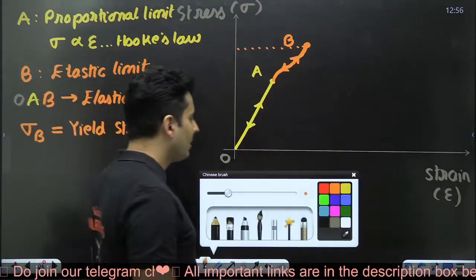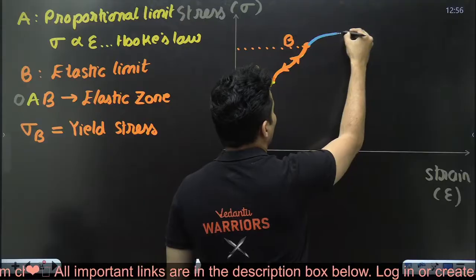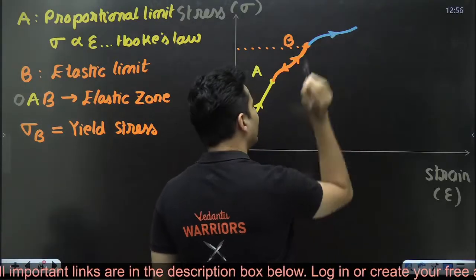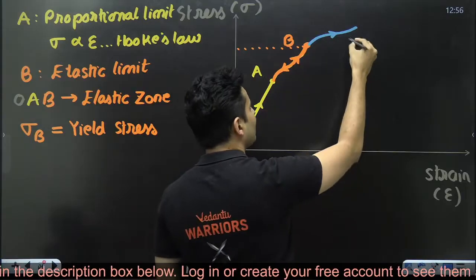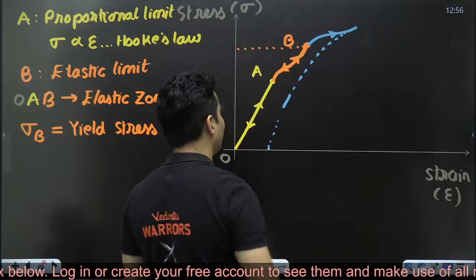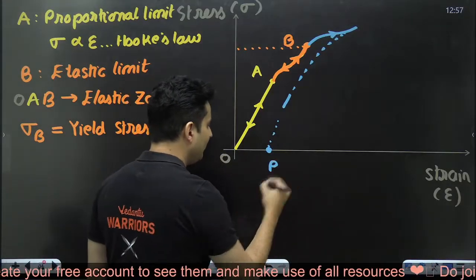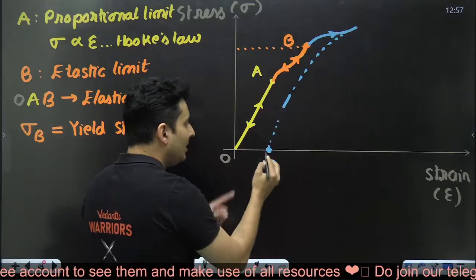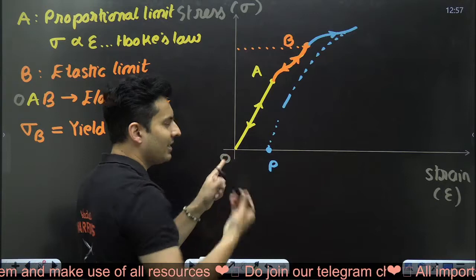After B comes a zone where if you increase the stress, the strain increases. But if you remove the stress, then it does not come back to its original shape and size, it comes back over here. Let's say I call this point P, it has been deformed permanently because there is strain even when there is no stress.